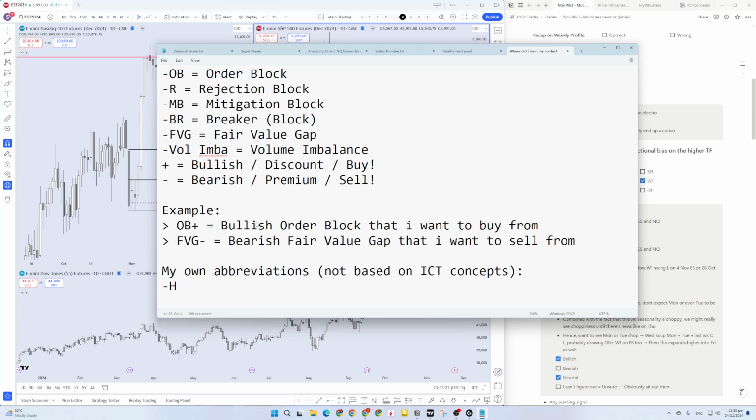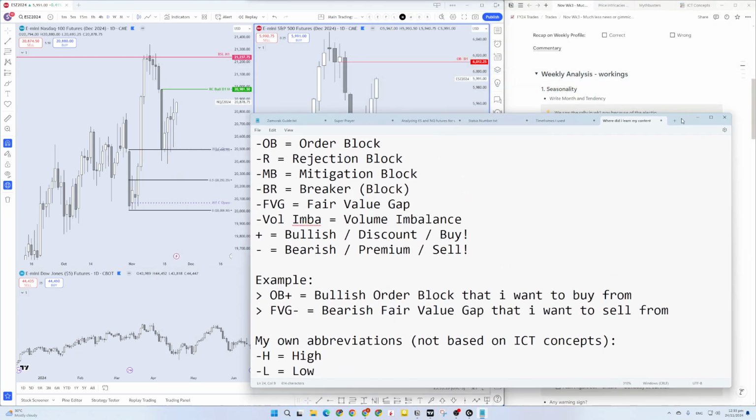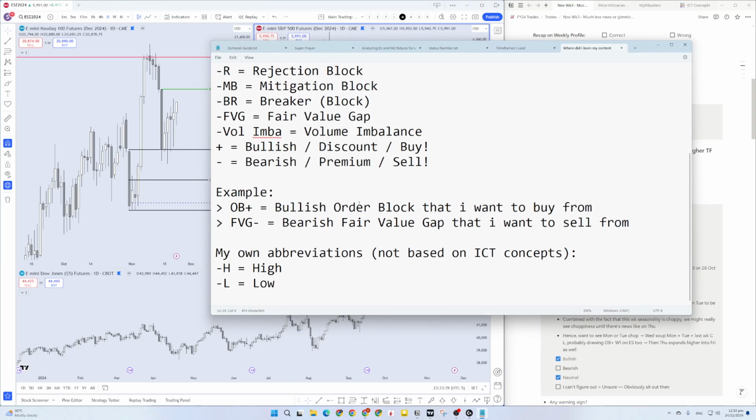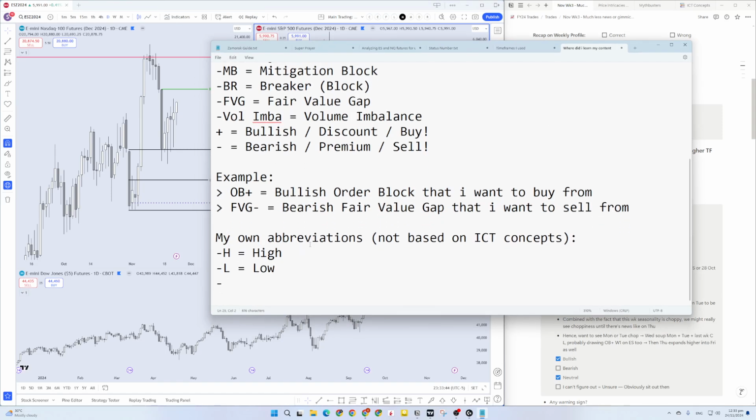H alone is high, L equals low. So if you go to my chart, I don't really have an example for you. Next, C equals candle.